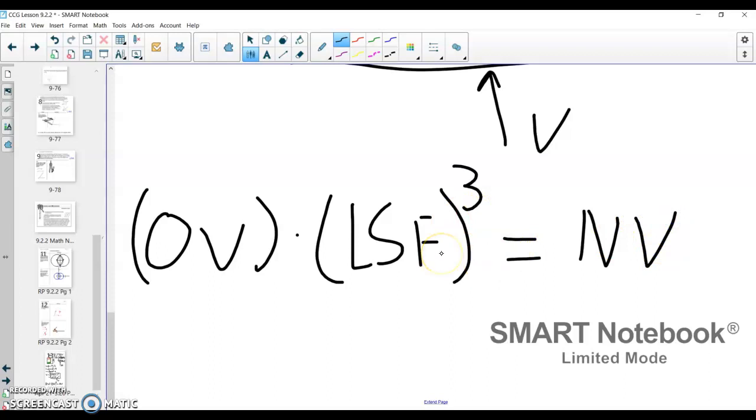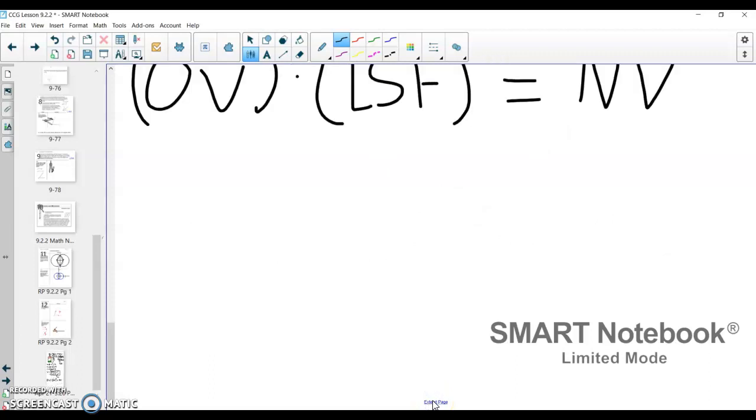All right, because that linear scale factor, we generally call it R, that linear scale factor cubed is our volume scale factor. So if we want to go from small volume to big volume, we need to multiply it by our volume scale factor.